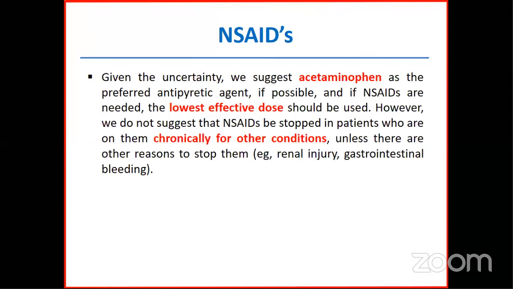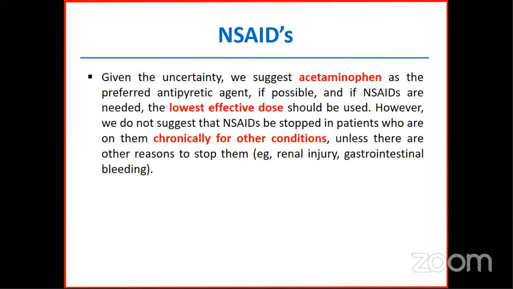So we suggest to start with acetaminophen, which is paracetamol. You can use it as an antipyretic, and you can use NSAIDs as needed with the lowest effective dose, not to be the first agent therapy and not to give it in a high dose. So we can use it, but as second line agent or second choice with lowest effective dose.